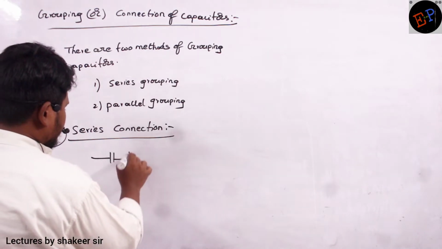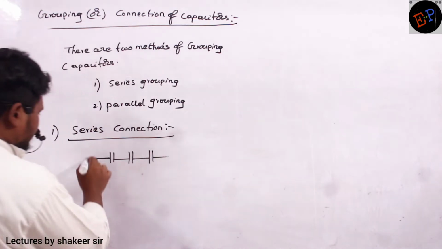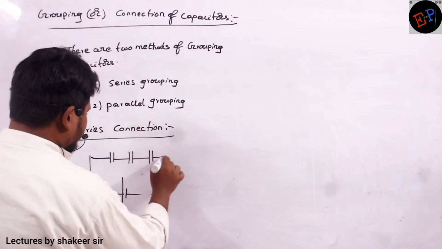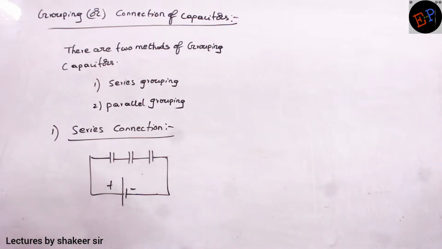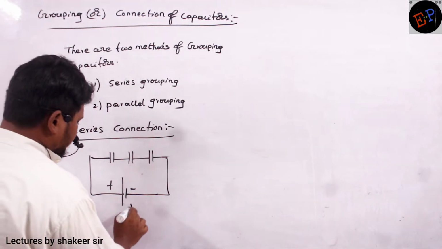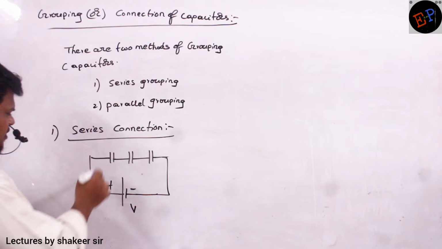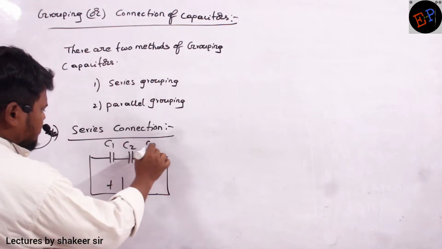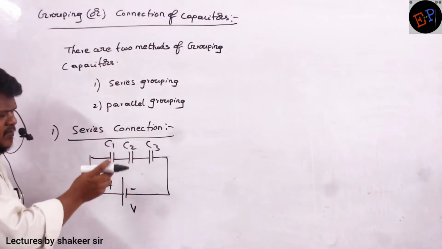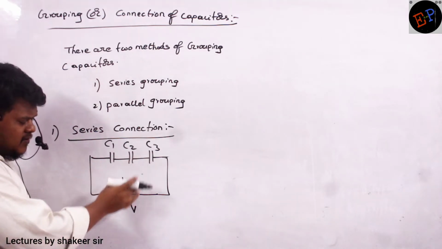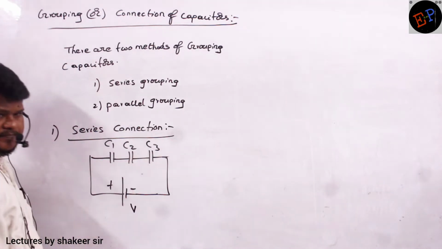This is one capacitor, another capacitor, another capacitor. So they are connected to a source of battery like this. So this type of connection is called series connection. So we are supplying a battery of potential V. Capacitance of this one is C1, this is C2 and this is C3. So these capacitors will draw some charge from the battery.